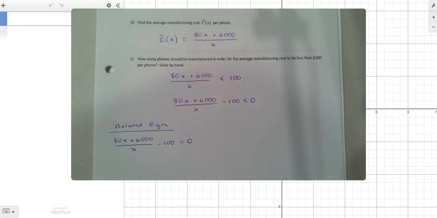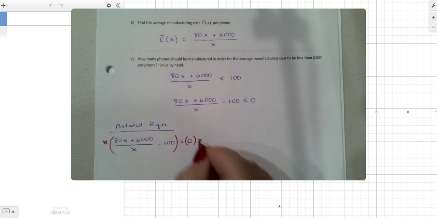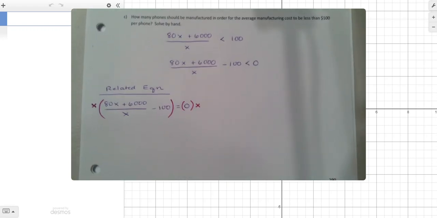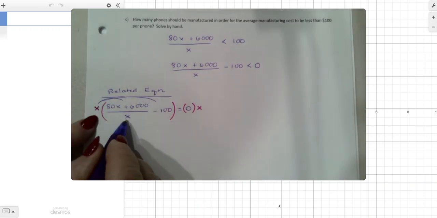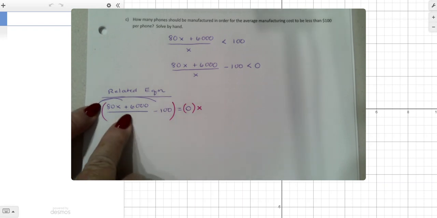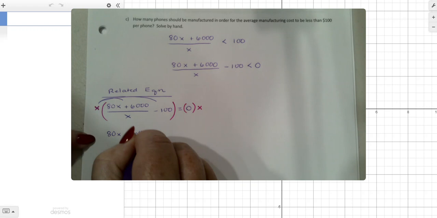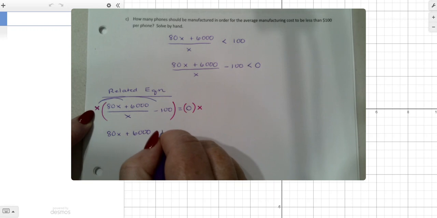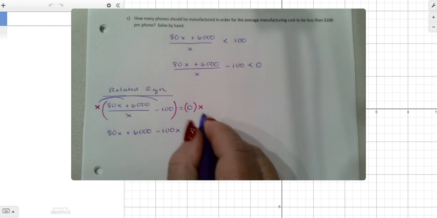I'm going to multiply both sides by x. On this left side, I have to distribute the x. So when I distribute it to the fraction, the x's will divide out, and I'll just get the 80x plus 6,000. But then I have to distribute it to that negative 100, so I'm going to get negative 100x equals 0.